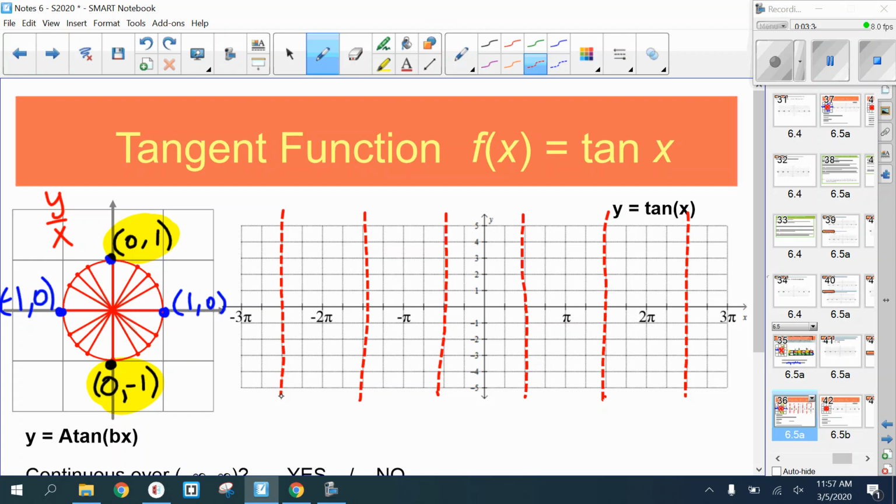Other than that, if you look at where the y coordinate is 0, there's going to be a 0 at 0 and at pi and at 2 pi as we go around, and at 3 pi, go around backwards. It would equal 0 at each of those values.